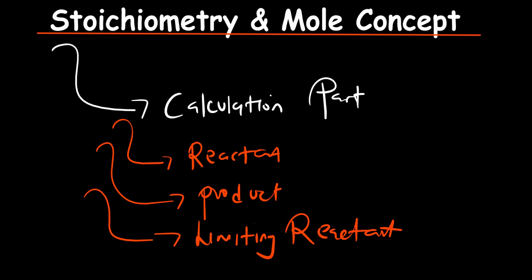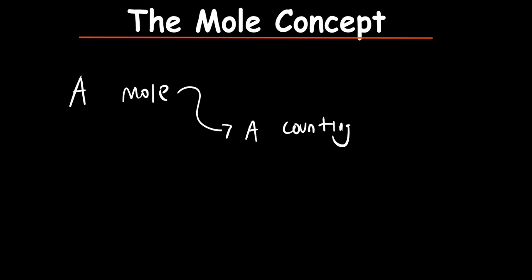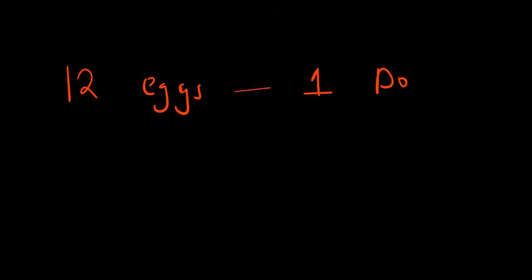Okay, so basically, what is the mole concept? The mole concept is the core of stoichiometry, because a mole, in simpler terms, is just a counting unit. This is very important, because the way you can equate 12 eggs to 1 dozen, that's the way you're calling a mole a counting unit.